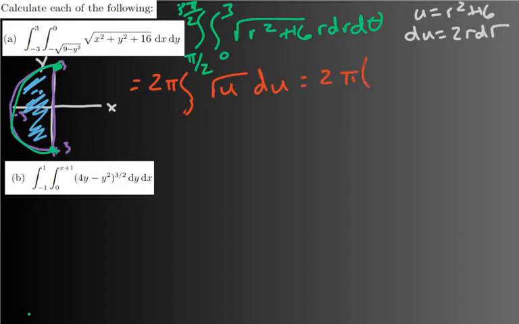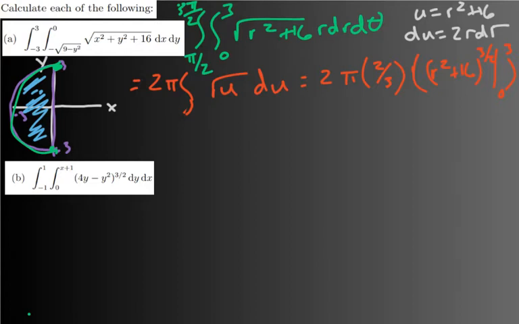So I'm going to multiply by 2/3 in front there. Oops, I just did the integral. Then I'm putting r squared plus 16 back in, and then I will have to do that from 0 to 3.